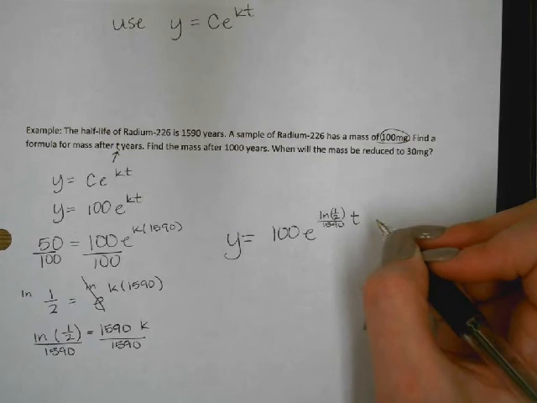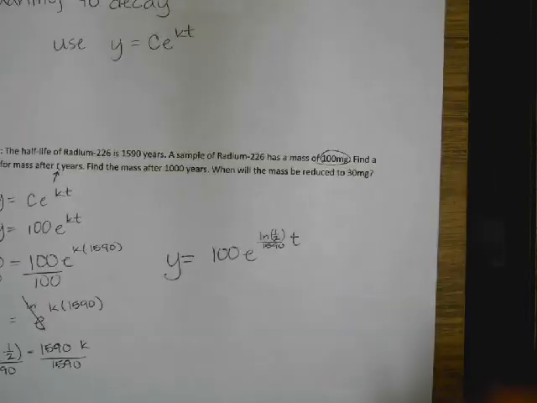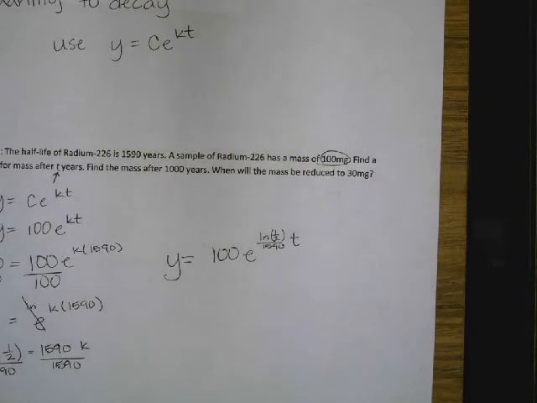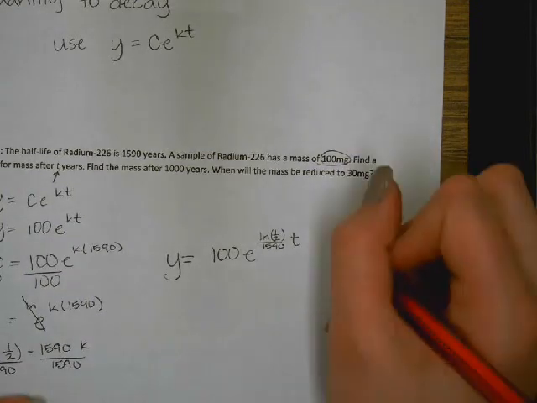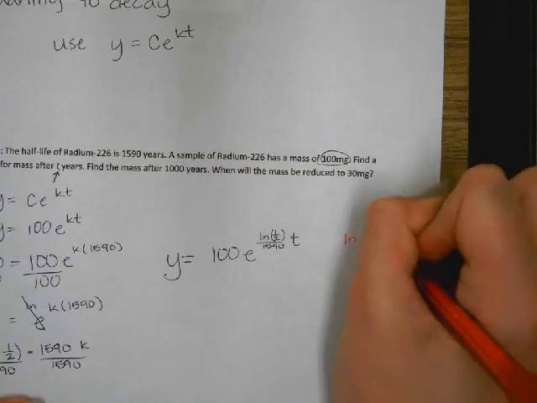Now, there is a little bit of simplifying we can do here, so I just want to walk through this in case you are in a situation where you see multiple choice answers and you want to know where some other answer came from. So I'm going to go ahead and do this in red so that you guys can differentiate between the two. 1/2 can be written as 2 to the negative 1 power. So I'm going to take this ln of 1/2 and think of that as 2 to the negative 1 power in there.